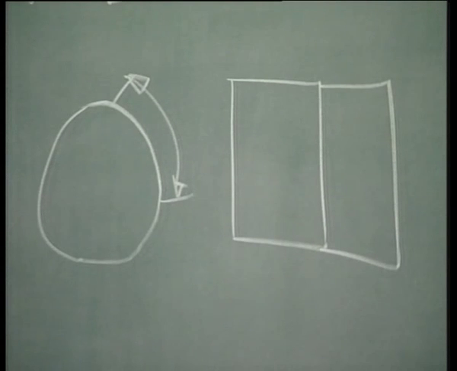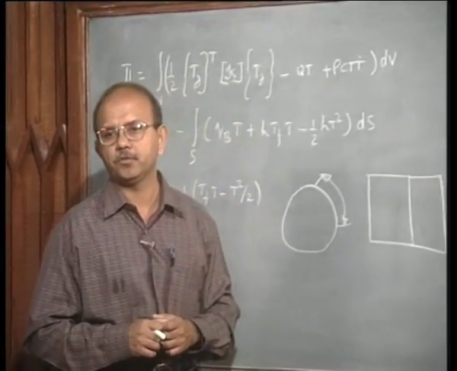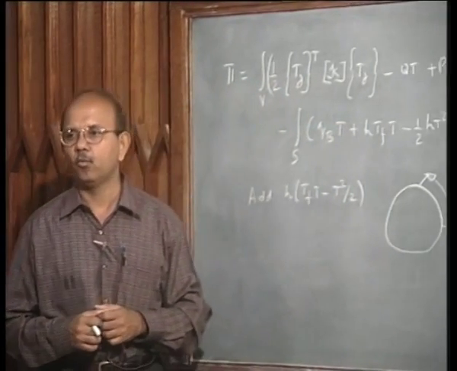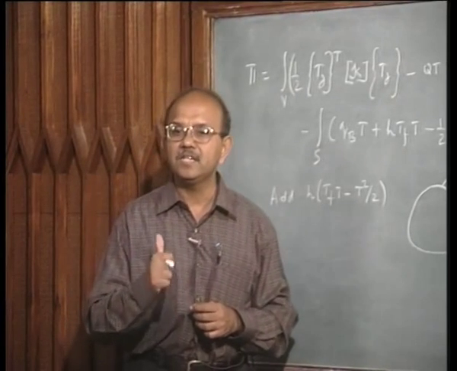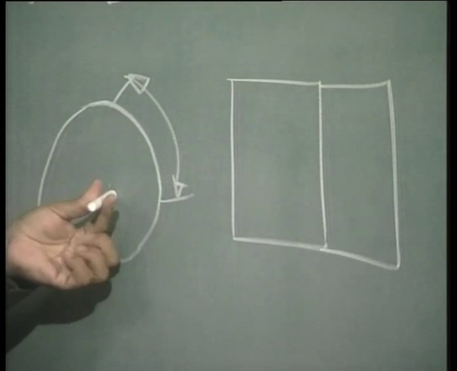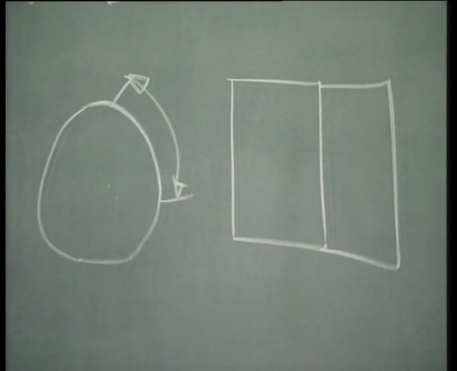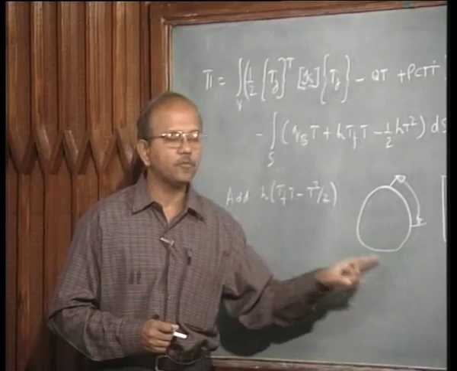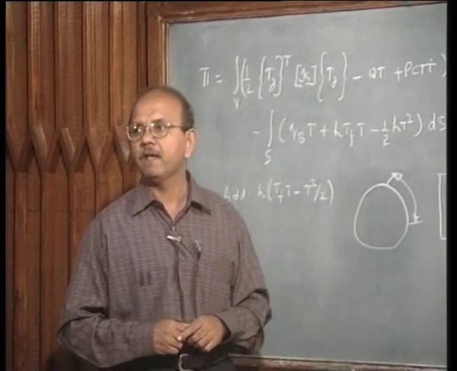And in a similar fashion, when you are looking at a very long piece, and you are looking at temperature distribution, then there won't be any heat transfer perpendicular to this board, right. There won't be any heat transfer perpendicular to this board, and hence this kind of boundary condition is fine.